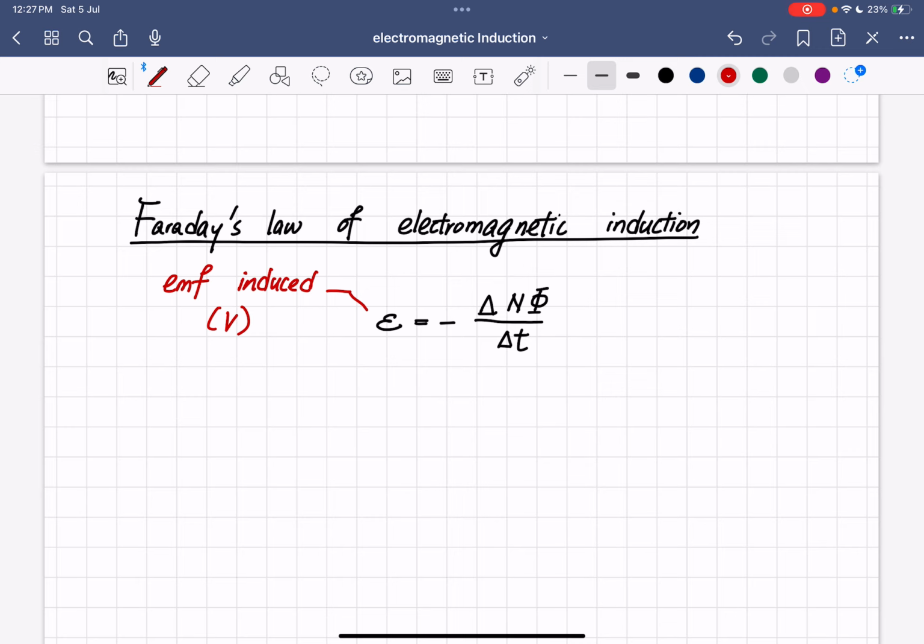On the top, this is just a change in magnetic flux linkage, just like after minus before.